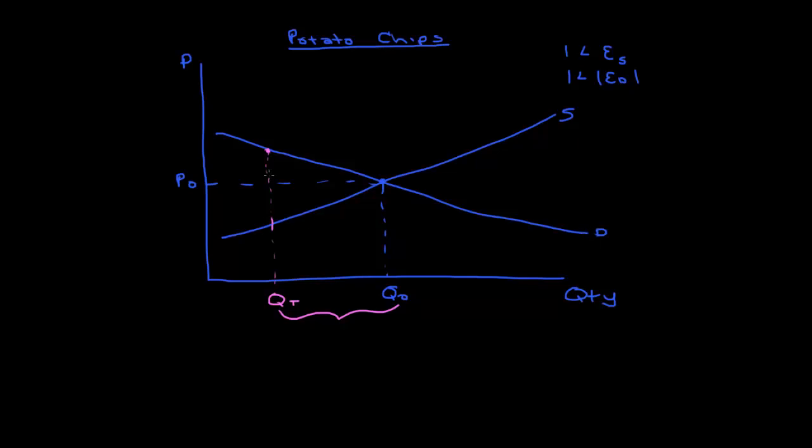And the seller, likewise, if a tax is imposed on them, instead of producing potato chips, they produce some other alternative form of junk food. So the big thing I want to emphasize here, more so than the burden, is that when you have elastic demand and elastic supply, you're going to lose a lot of transactions. And what that means is you're going to get a really big deadweight loss.